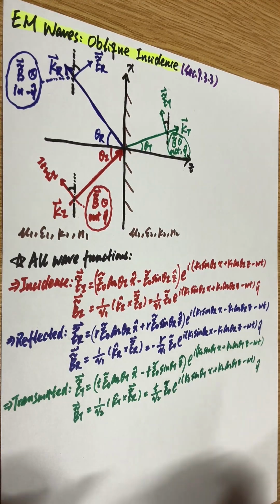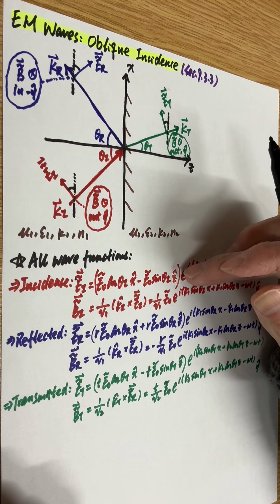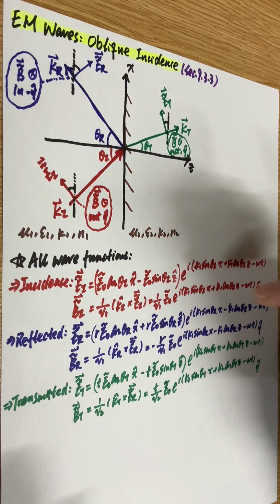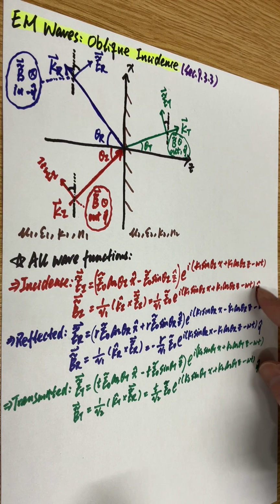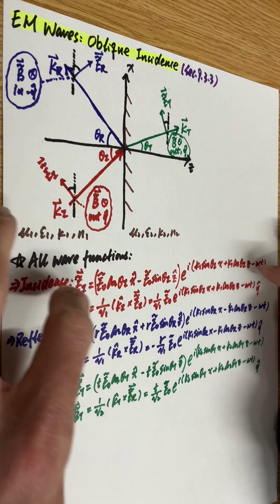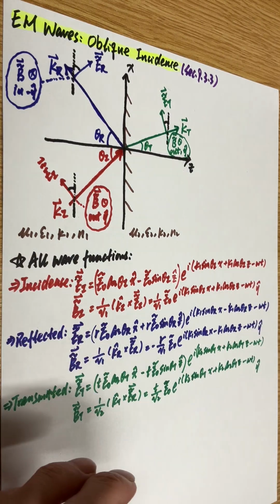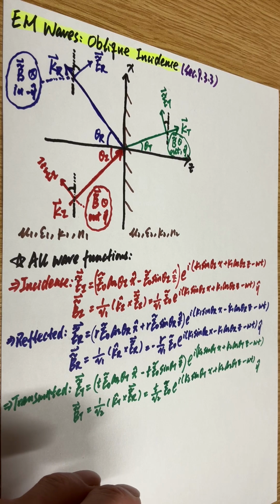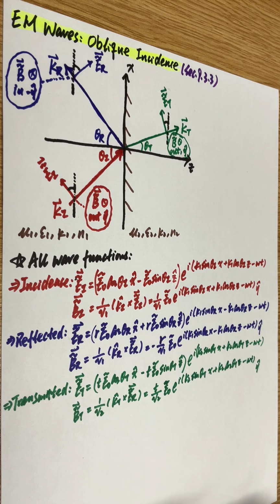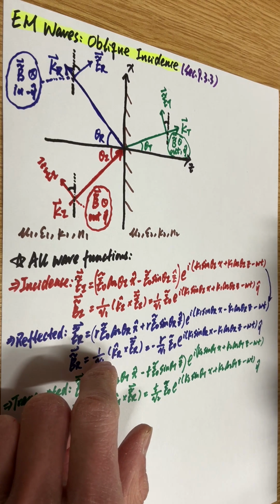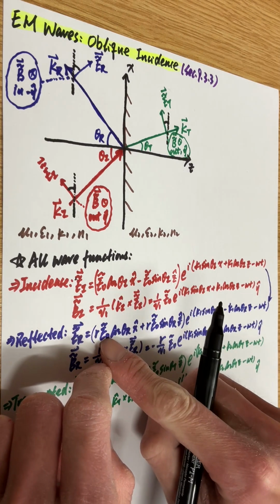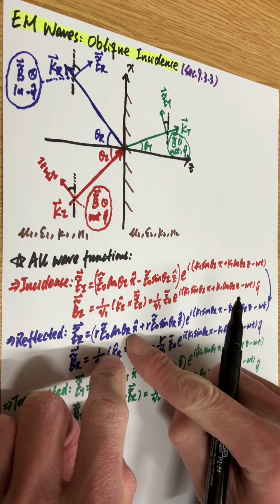So it seems very complicated, but actually all the electric fields are in similar format, but we need to replace some parameters when we compare every pair of electric fields. So for example, from here to here, obviously we need to replace E0 by R E0, theta I by theta r.